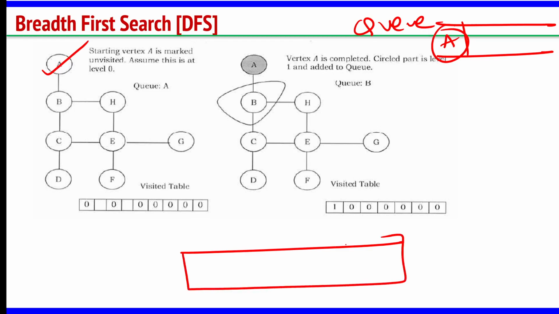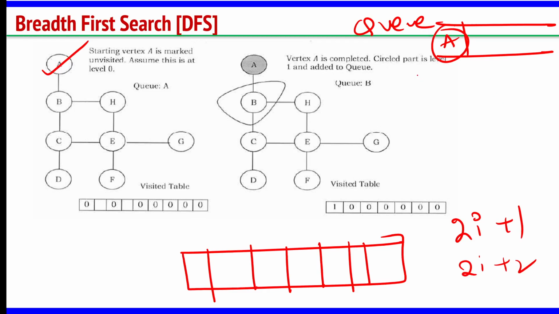When we store a tree kind of structure, we can store it using 2i plus 1, 2i plus 2. In that format, see, indexing 0, 1, 2, 3, 4, 5, 6, 7, 8. Why is the 1 empty? Because it has only one child. That is why this is empty.